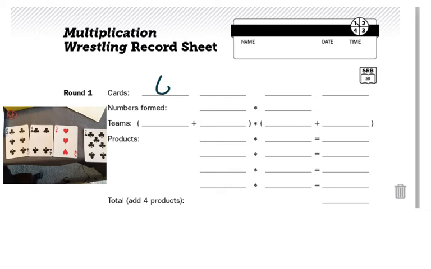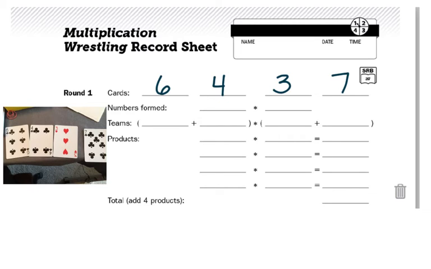Would you please find this particular page in your game mat and put it inside of your plastic sleeve? What I'm going to do is create a 2-digit times a 2-digit number.